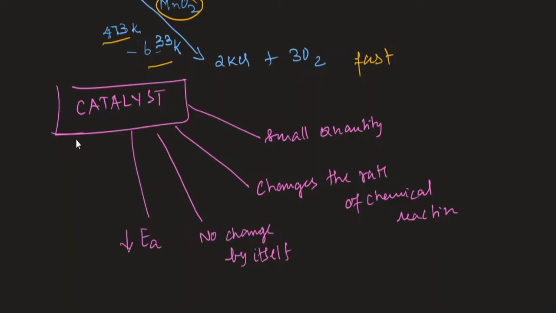Now, this catalyst can be of two types. One is a promoter, which supports and enhances the reaction. Sometimes it will affect the reaction, so it can be a poison.